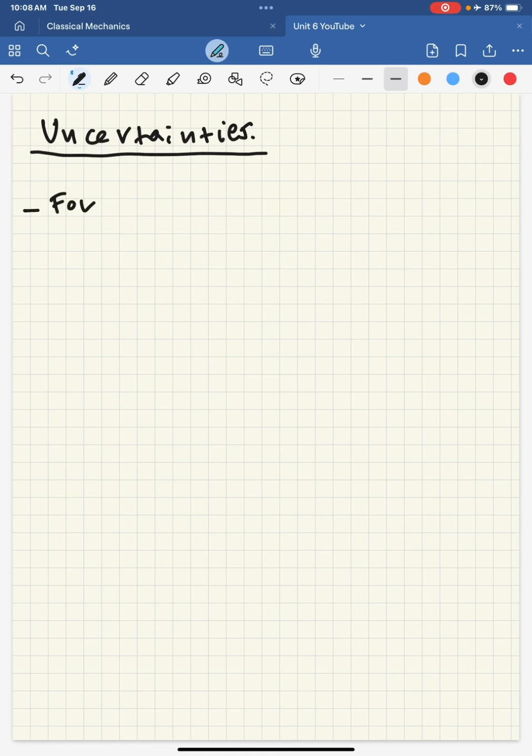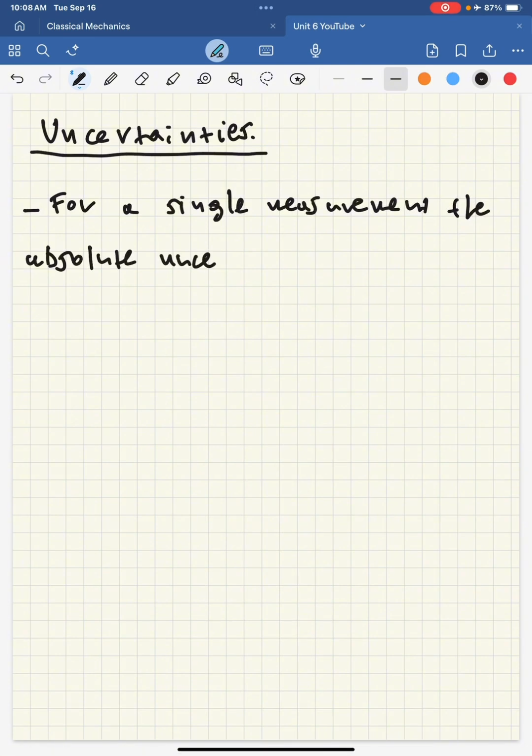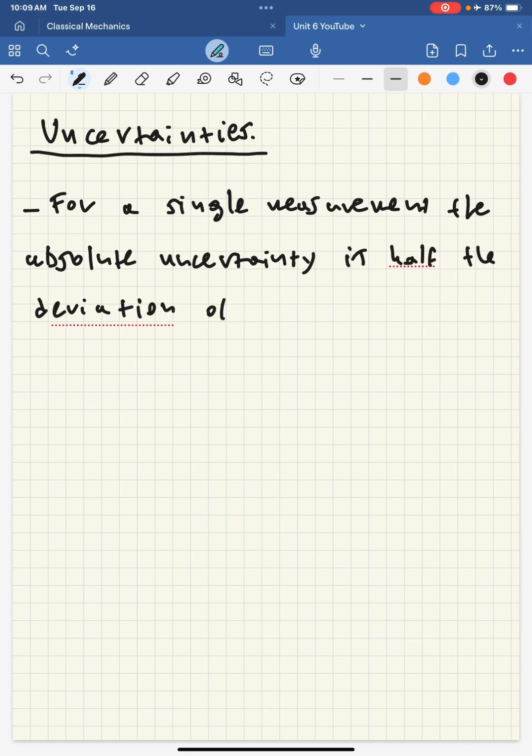For a single measurement, the absolute uncertainty is half the deviation of the instrument used. That is the instrument used to make the measurement.